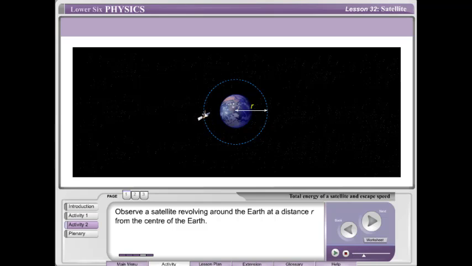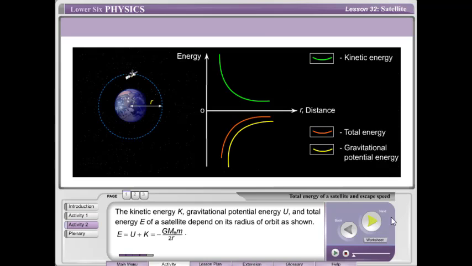Observe a satellite revolving around the Earth at a distance r from the center of the Earth. The kinetic energy K, gravitational potential energy U, and total energy E of a satellite depend on its radius of orbit as shown. E equals U plus K, which equals negative G M_E M over 2R.